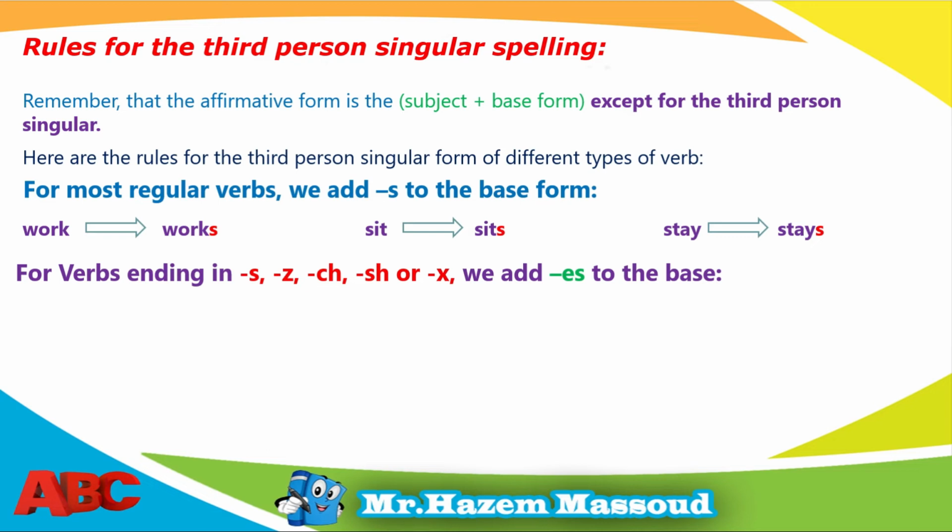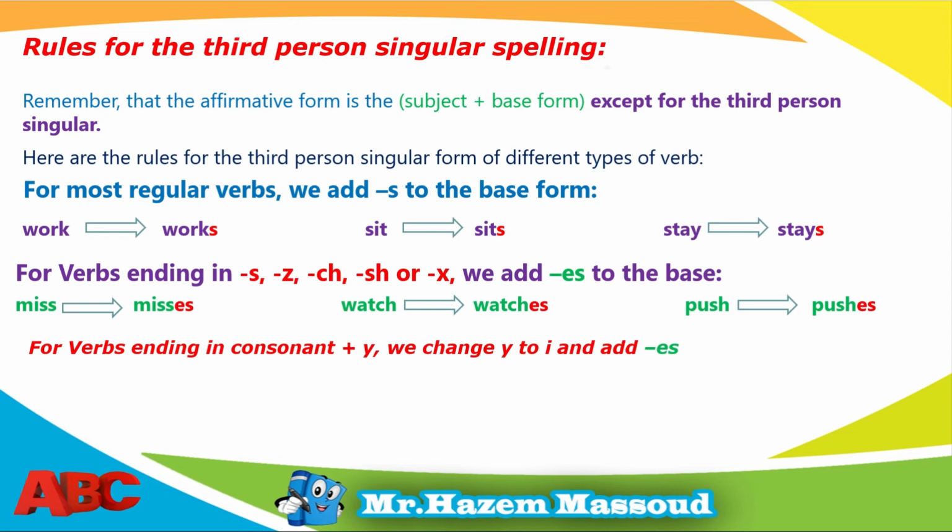So if the verb ends in one of these letters, I will add es, not s, to the verb. For example, miss will be misses, watch, watches, and push, pushes.